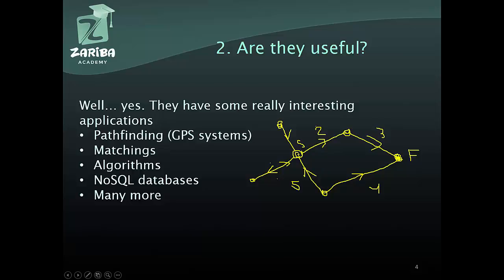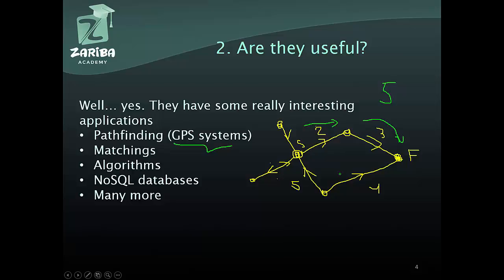I can just go from this point. Let me change the color. I can go to this point, and then I can go to the finish in only one way, and this is gonna cost me 5. This 5 can be kilometers, meters, any kind of weight that you want.